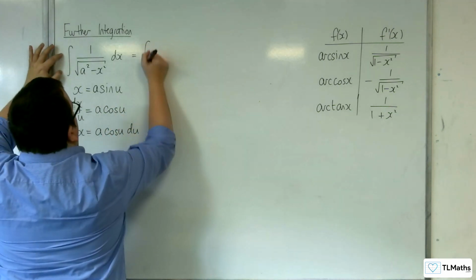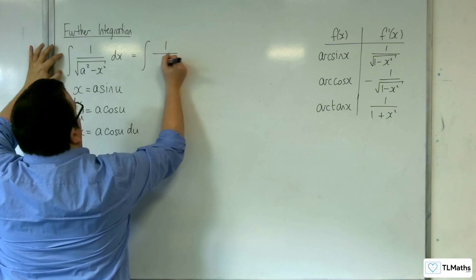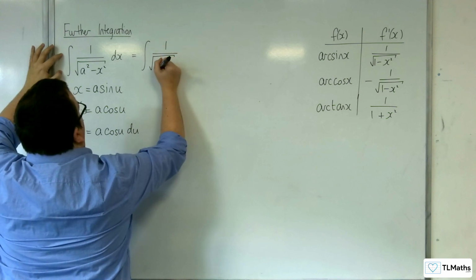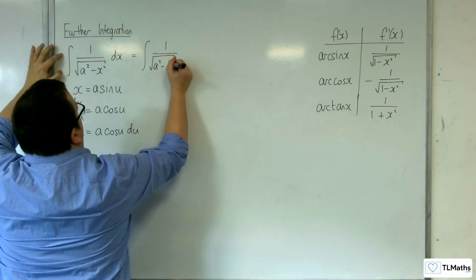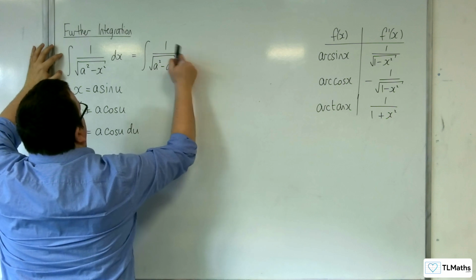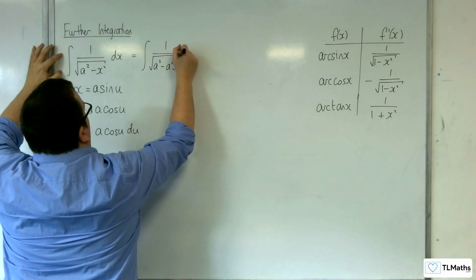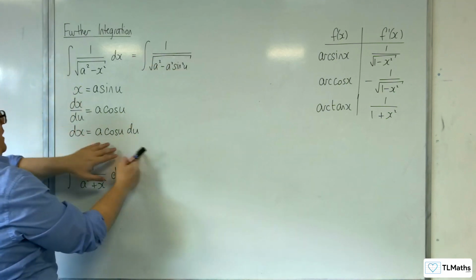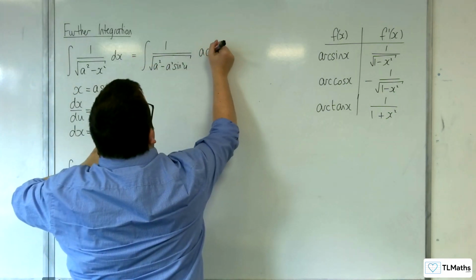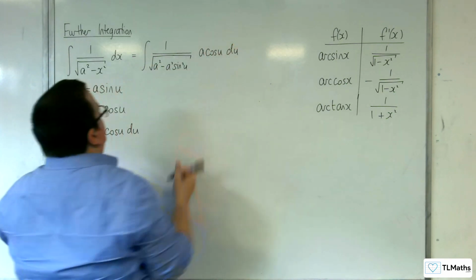So we would have the integral of 1 over the square root of a squared take away a squared sine squared u, and the dx is replaced with a cosine u du.